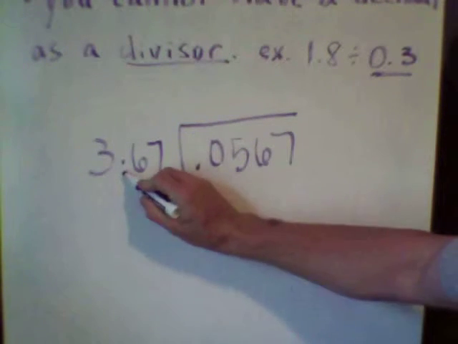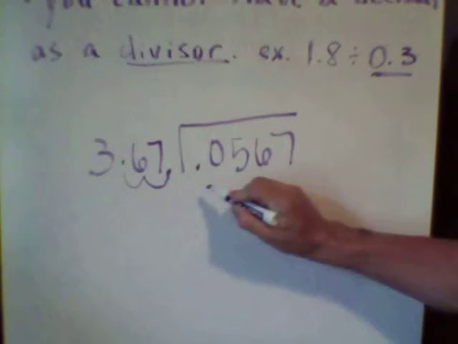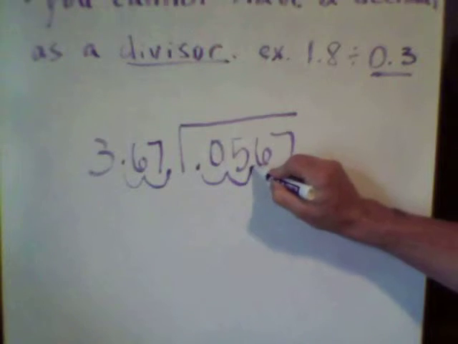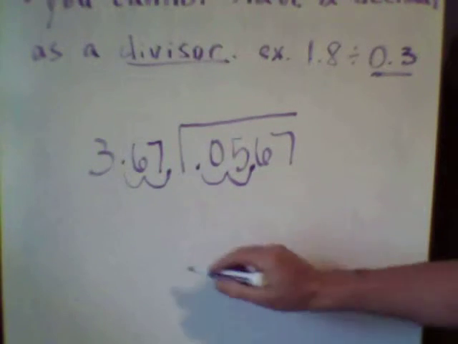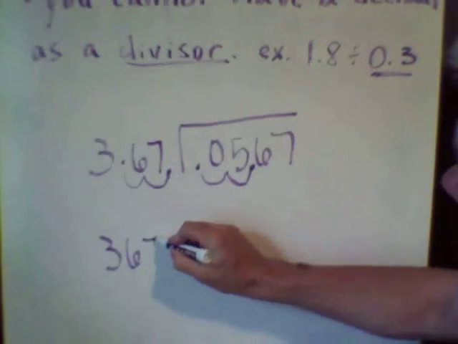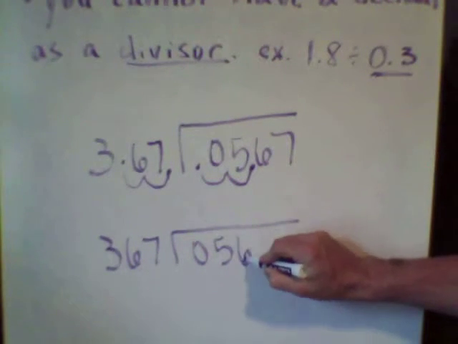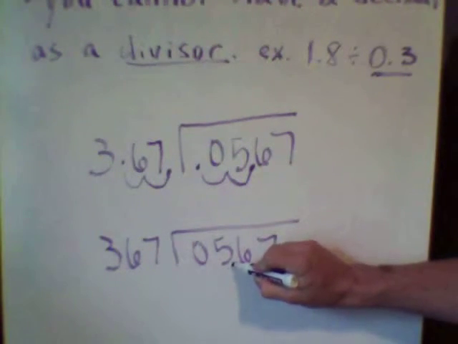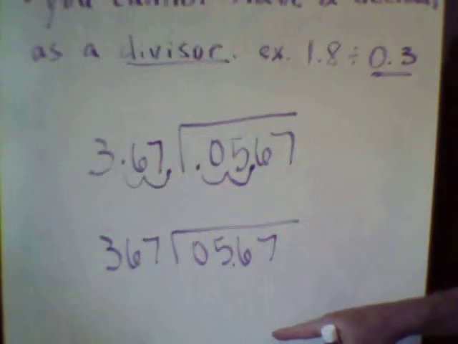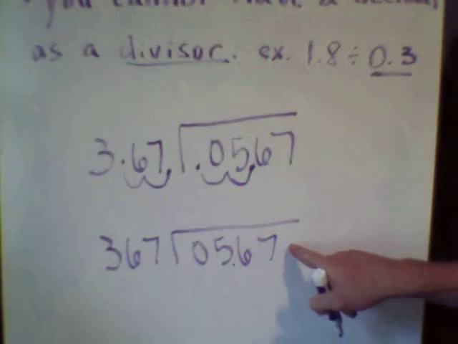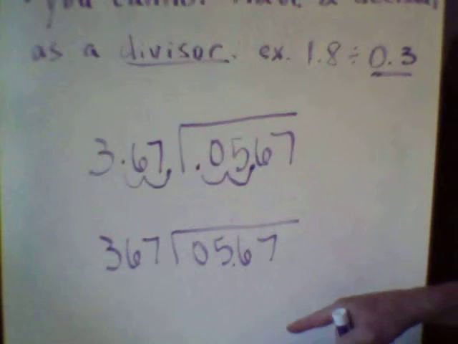So I'm going to start out by moving my decimal 2 spots, and I'm going to move my decimal 2 spots here. So my new problem is going to be 367 into 5 67/100ths.